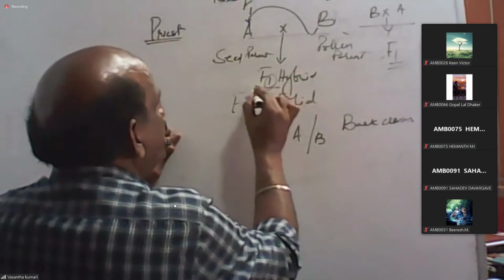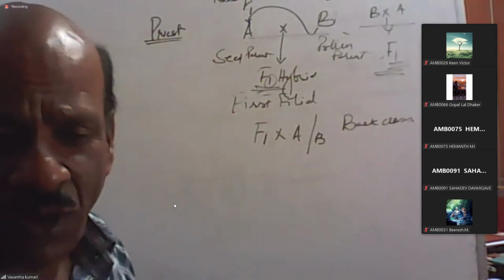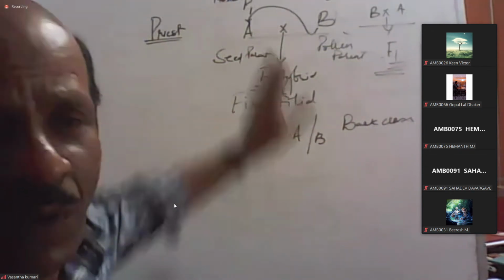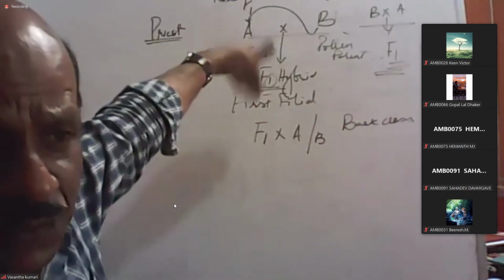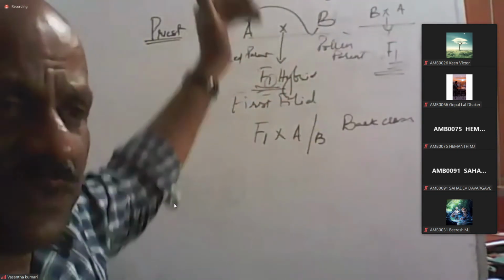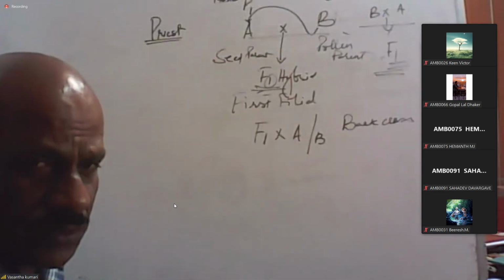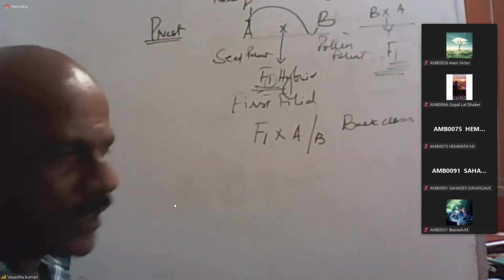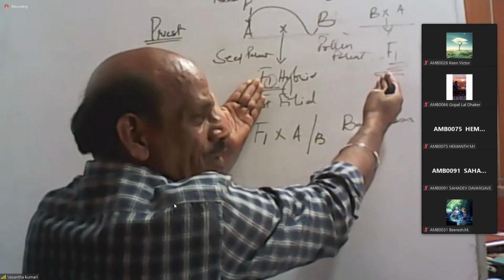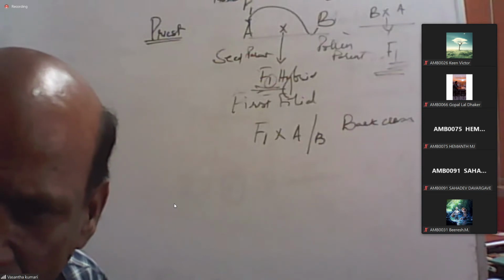Now, these are products of a set of reciprocal crosses. In one cross, you have made A the female and B the male. In the next cross, you have made B the female and A the male. In both cases, you have the F1 hybrids. These two F1 hybrids are products of a set of reciprocal crosses.